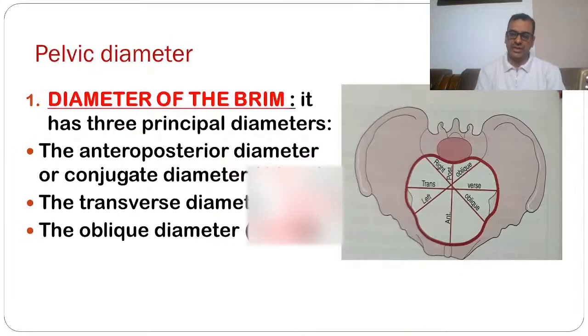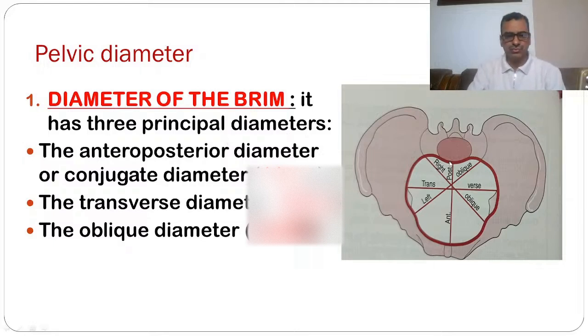Now we come to a very important aspect practically, the pelvic diameters. There will be three types of pelvic diameters: diameters of the brim, diameters of the cavity and diameters of the outlet. First we will start with the diameters of the pelvic brim. The pelvic brim has basically three types of main diameters.